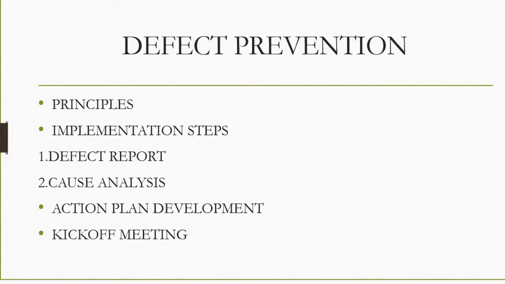At the end of each stage, an inspection, review, or other validation is conducted in which defects are detected. Once the defects from a stage have been corrected, a causal analysis meeting is held.